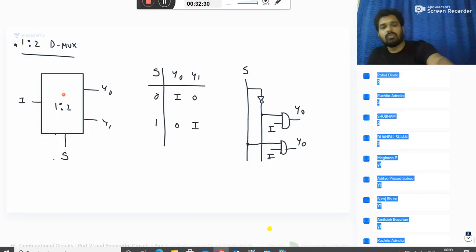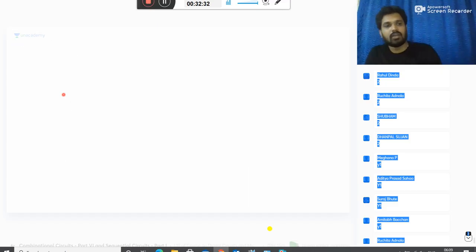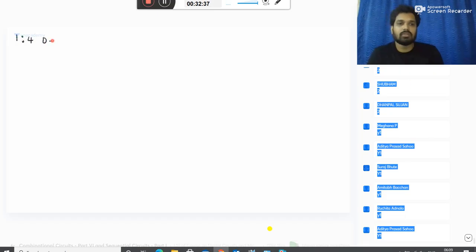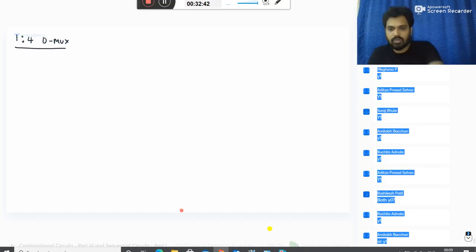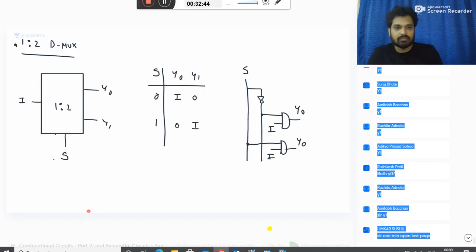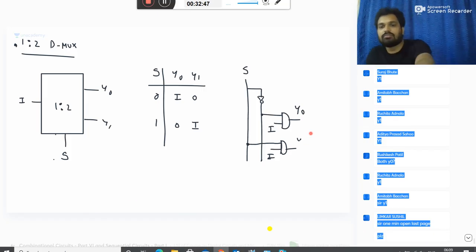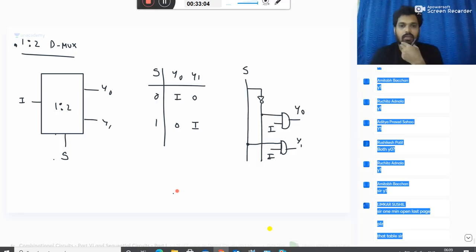Let's do one of a little higher order, 1 to 4 demux. Yes, just have a look, Sushil.